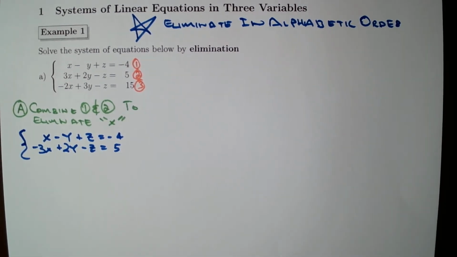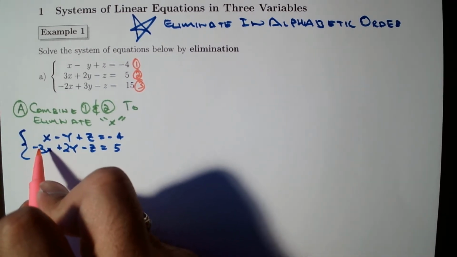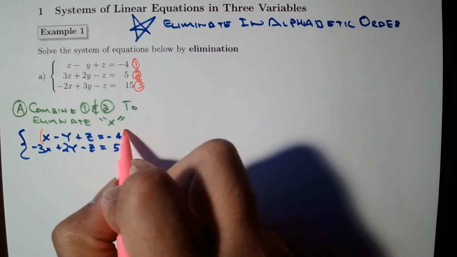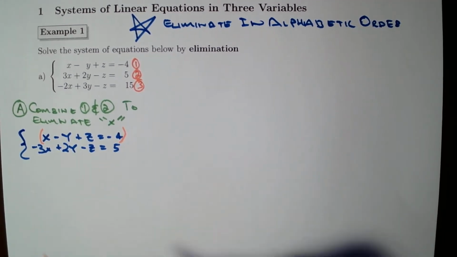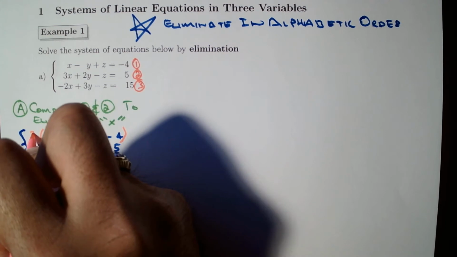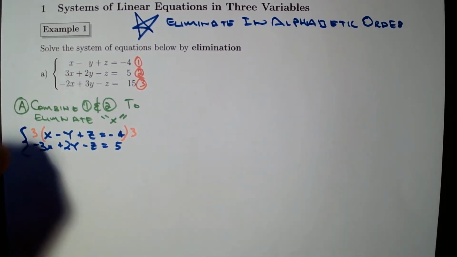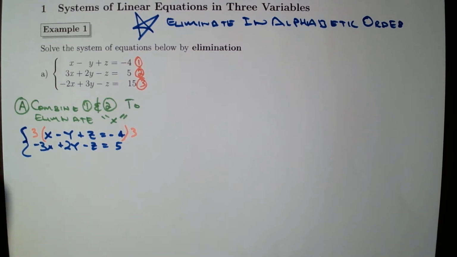And so we want to eliminate the variable x. So in this case, the coefficient of x on the second equation is 3. So what we need to do is multiply the first equation by the opposite in sign in order to get those coefficients the same but opposite in sign.